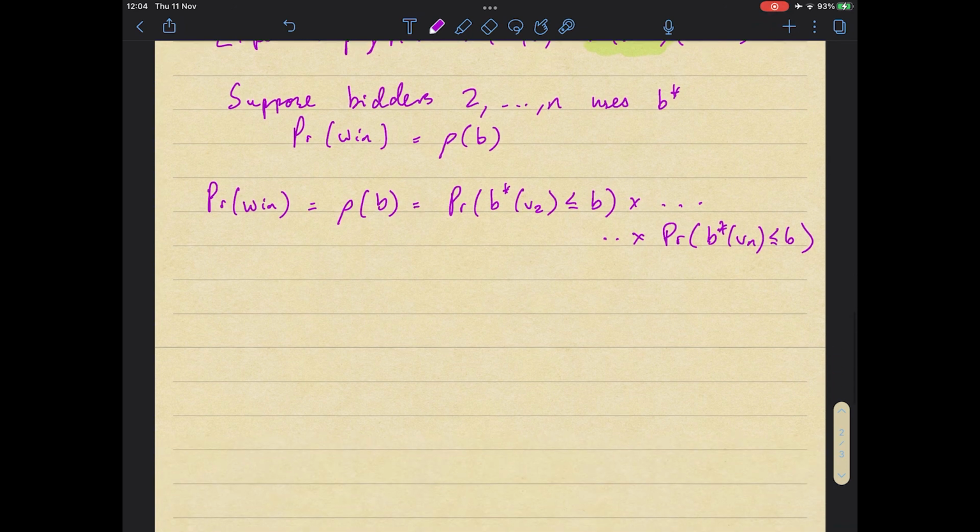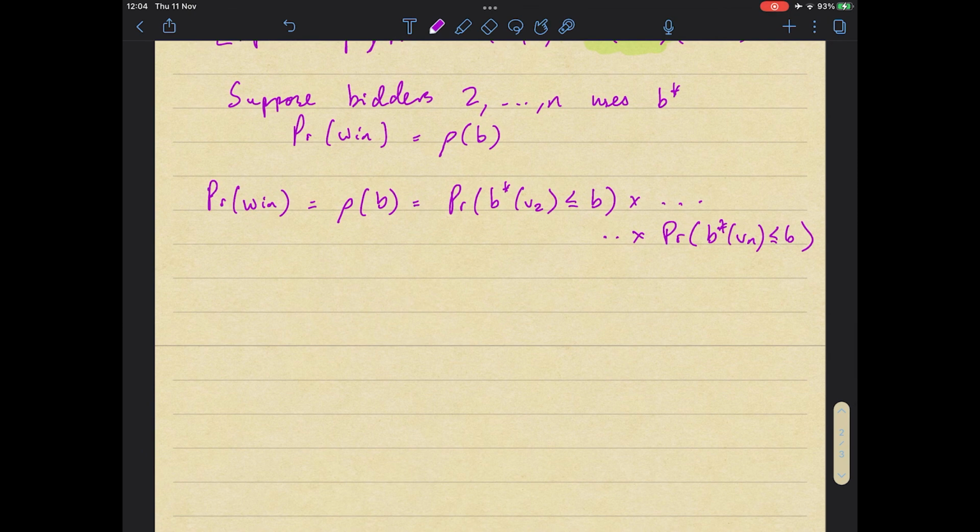Now remember, we're assuming that B star is an increasing function, so we can invert it.